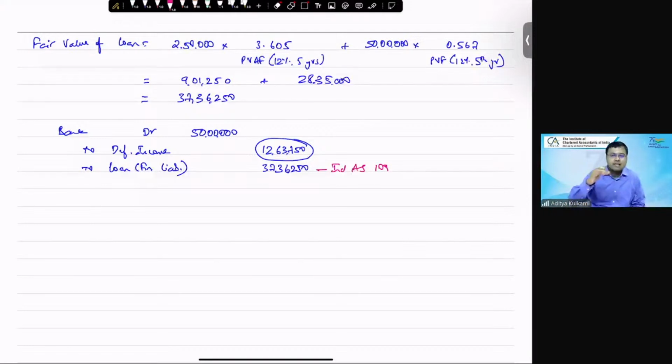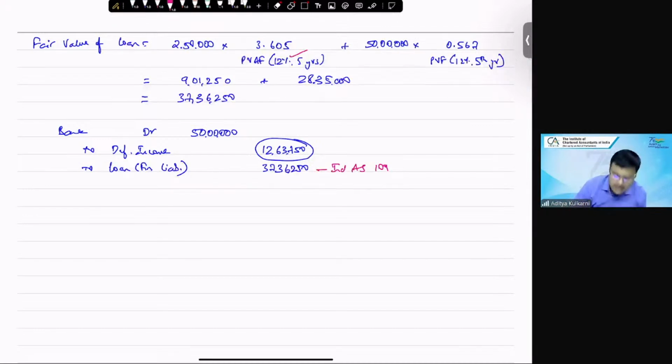ऐसे करते करते 37 lakh will reach 50 lakhs because ultimately I have discounted using 12% ना. मैंने भाई 12% ही लिया है ना considering the repayment. So ultimately 37 lakh will move to 50 lakhs by the end of fifth year. And end of fifth year I will repay that 50 lakh rupees. So that accounting is happening on the basis of Ind AS 109.